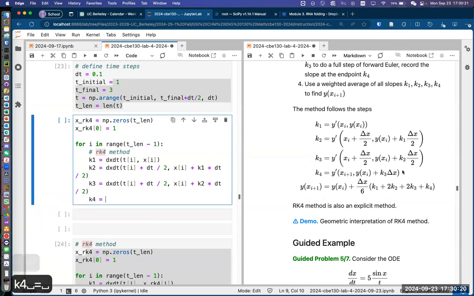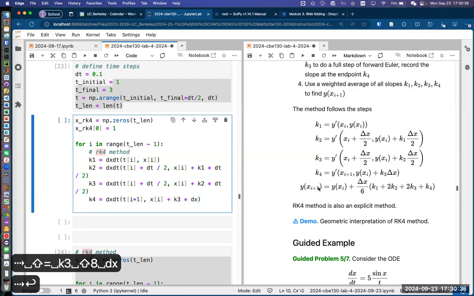K4 should be dx/dt evaluated at i plus 1. So in our case, independent variable i plus 1, and then the dependent variable, which is x of i plus K3 times dt. Now we take the weighted average of everything.